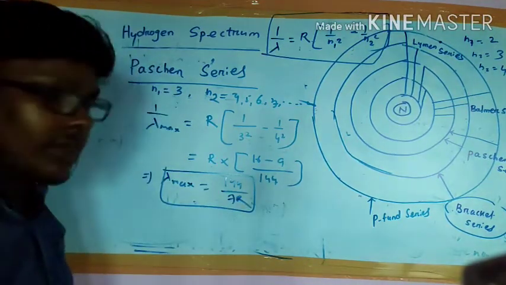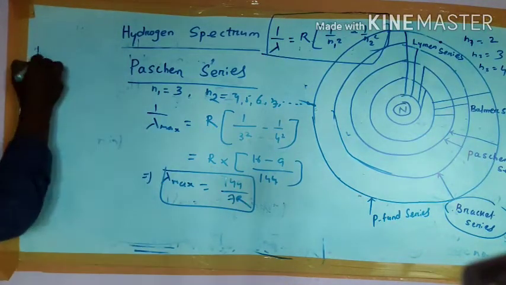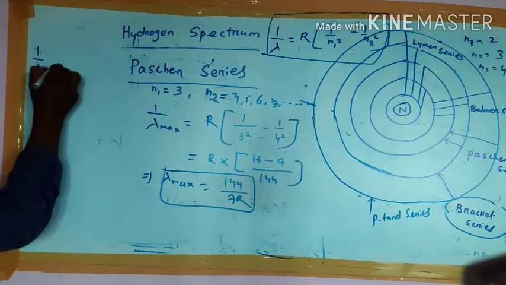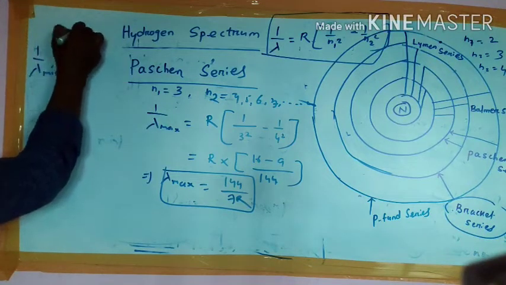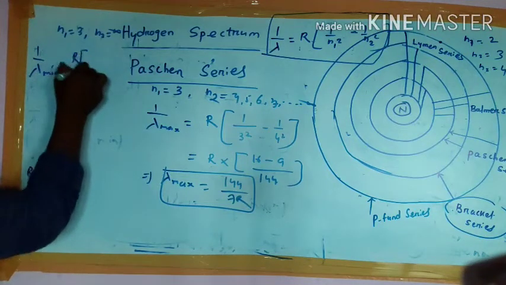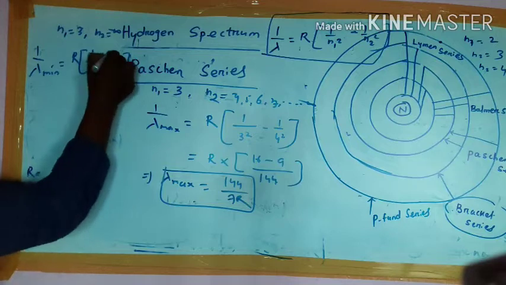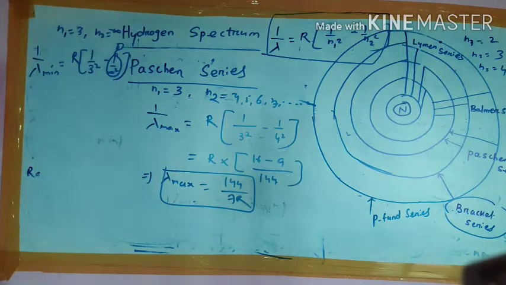144 by 7R. Similarly, for minimum wavelength, 1 by lambda minimum, n1 is equal to 3 and n2 is equal to infinite. R into 1 by 3 square minus 1 by infinite square. This is 0.